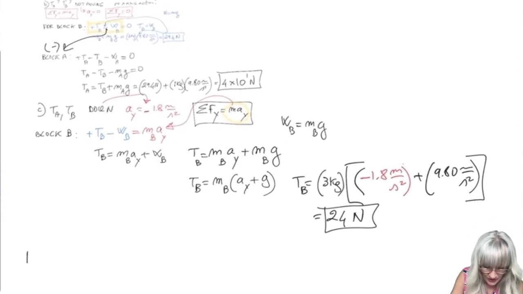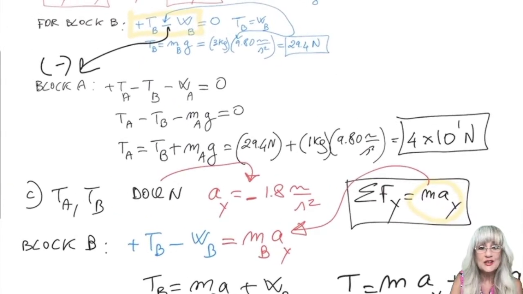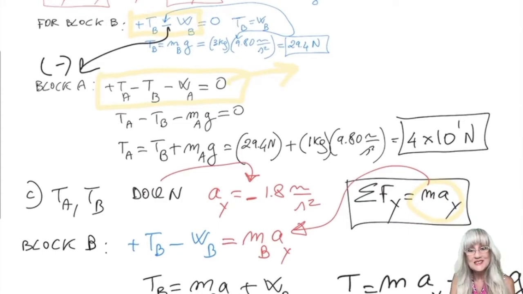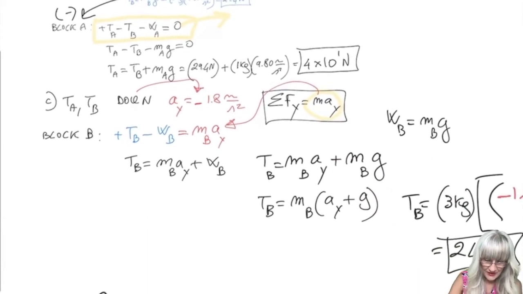Let's do block A. Block A again is going to be this equation, this knowledge right here, except that this one will be equal to the mass and the downward acceleration. Let's import that. It was plus T of A, right?